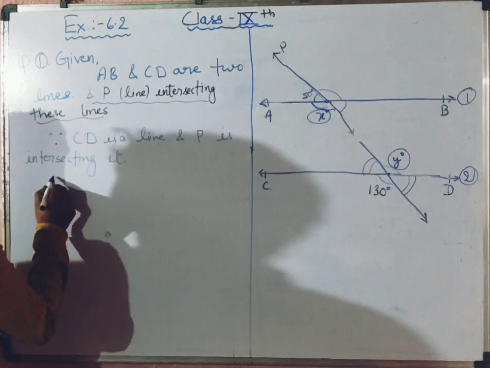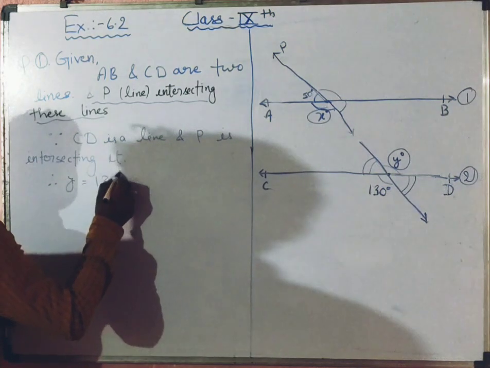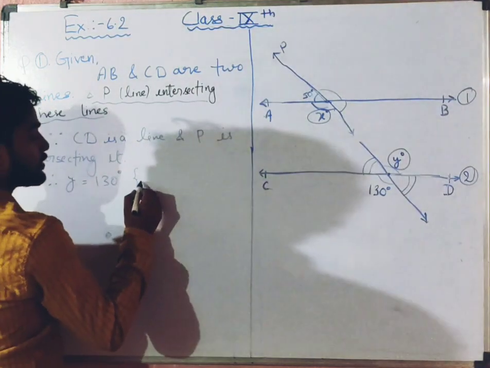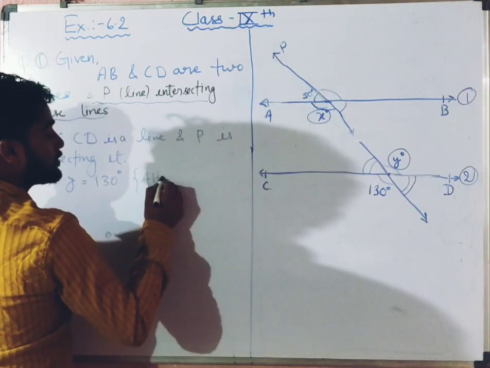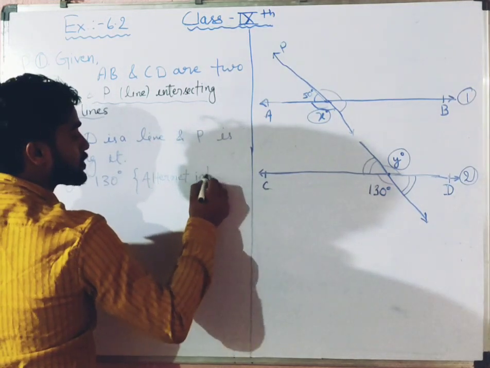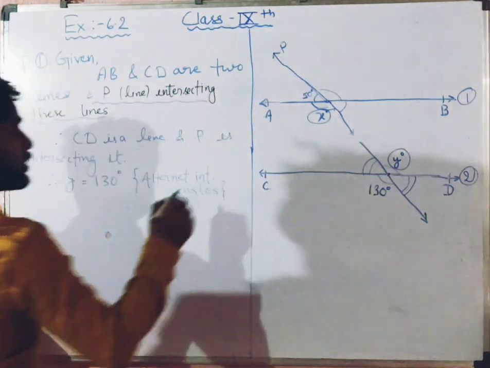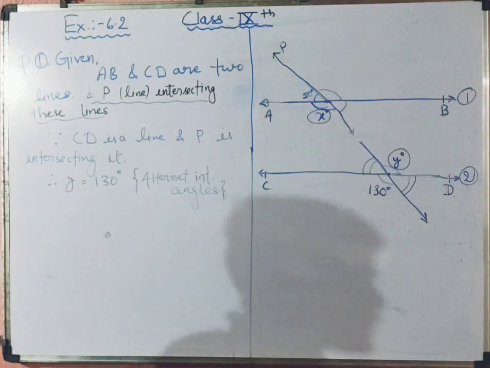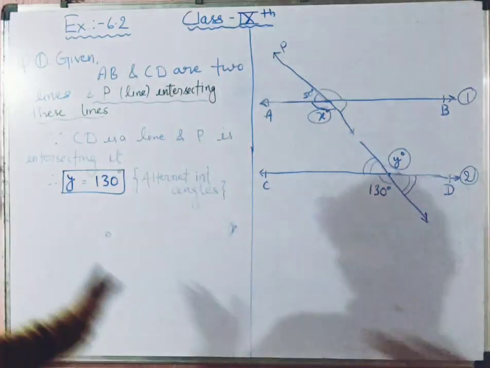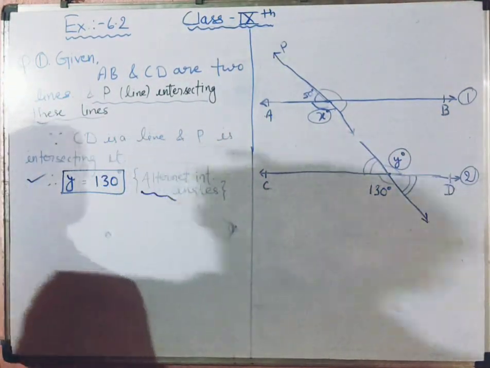Therefore, angle y equals 130 degrees by the definition of alternate interior angles. This is a very easy concept to understand. So the value of y is 130 degrees.